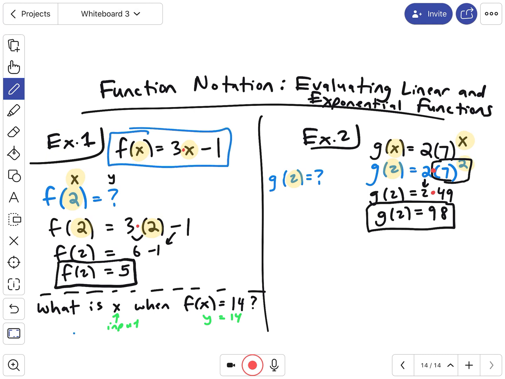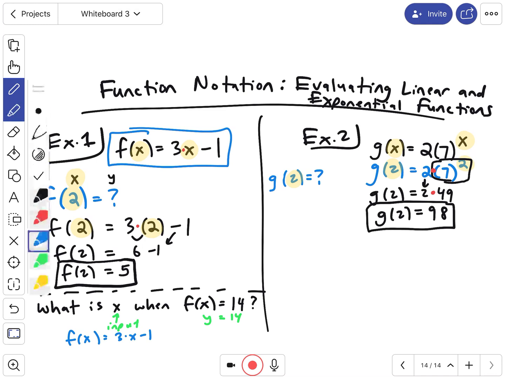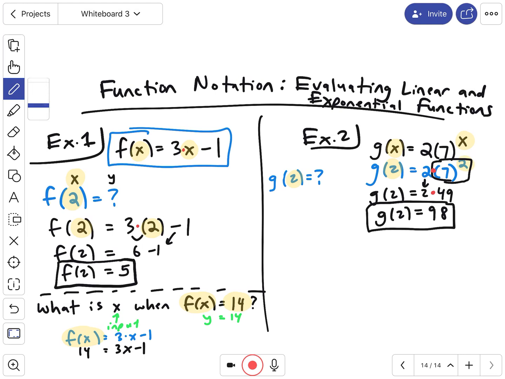So what I'm going to do is rewrite this entire function here. So I'm going to write f of x equals 3 times x minus 1. But instead of plugging in for x, I'm going to plug in for f of x. So where I see this entire f of x, I'm going to put a 14. So I'm going to put a 14 here equals 3x minus 1. And so what we're doing now is we're solving. So we've got to solve for x.